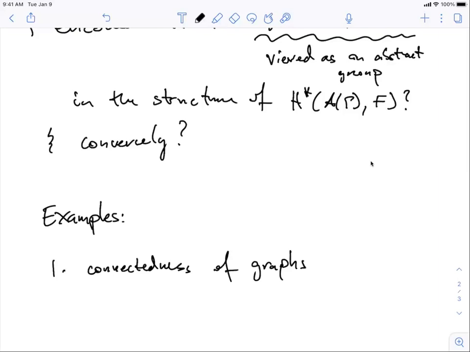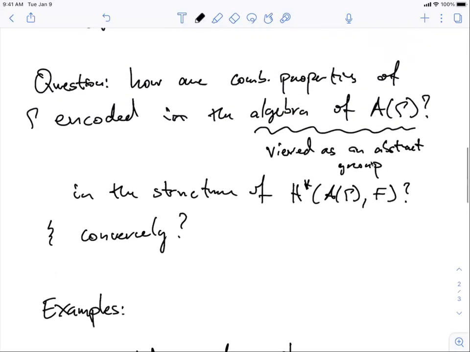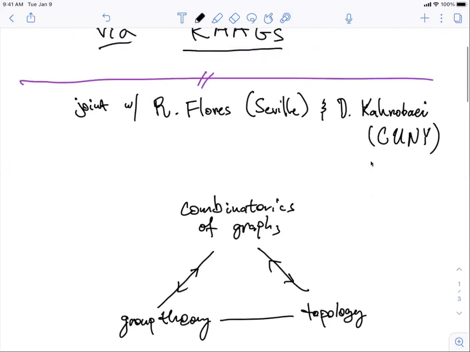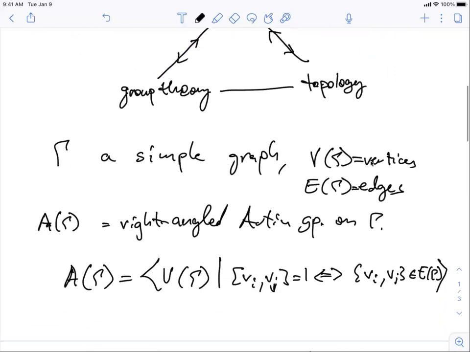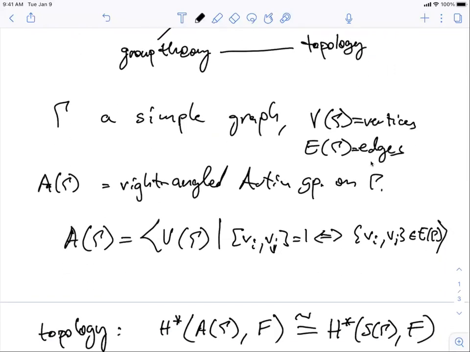If one starts with a graph that is disconnected, then one finds in the definition of the right-angled Artin group that you have generators for each vertex, and the relations arise from vertices that are incident to a particular edge.